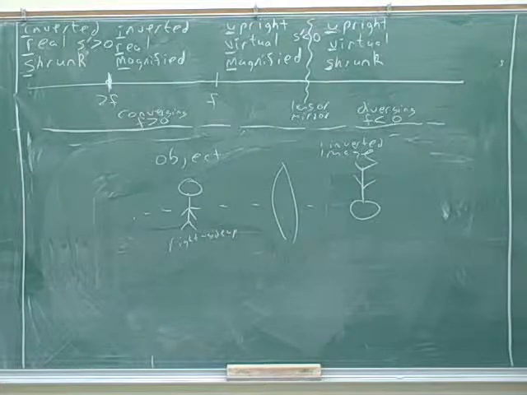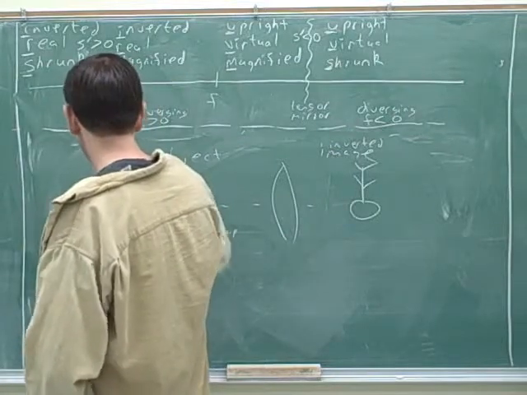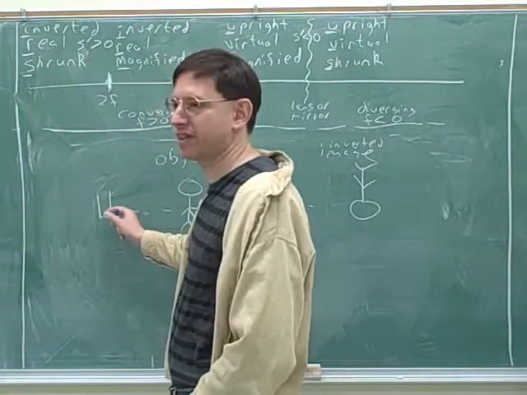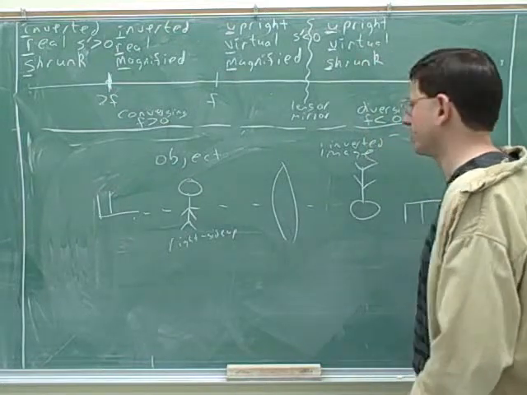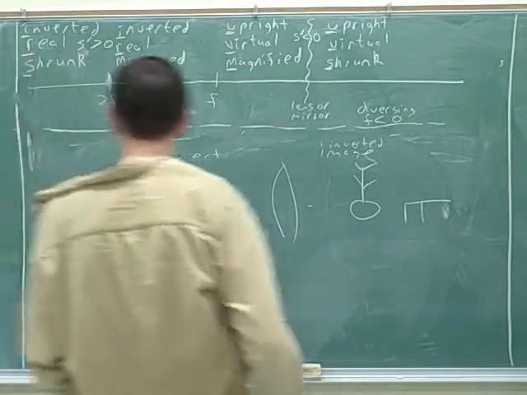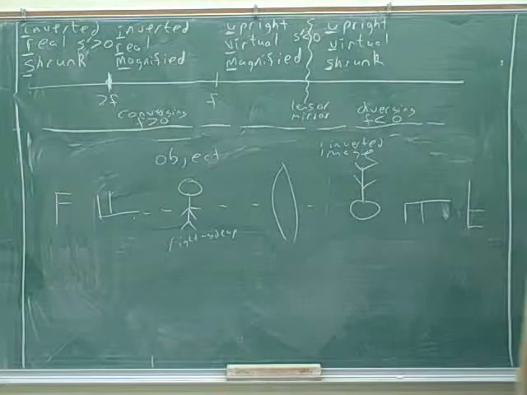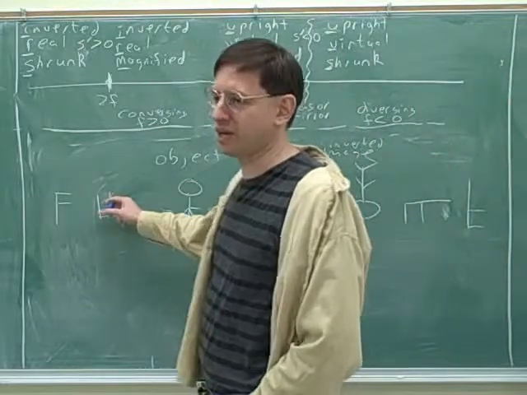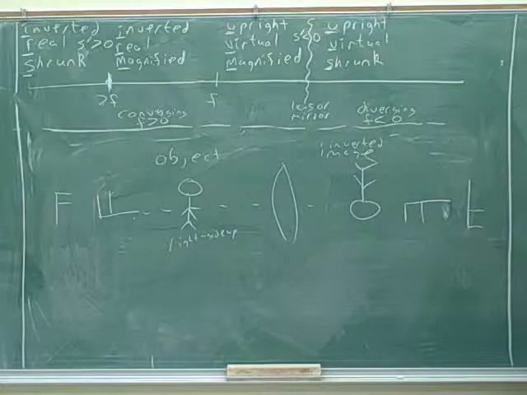But I think we still call that upright. I mean, if you lay the letter F like this, then the inverted letter F would look like this. And if you lay the letter F like this, then the inverted letter F would look like this. So depending on which way you orient the object, you can get all kinds of different types of flips.